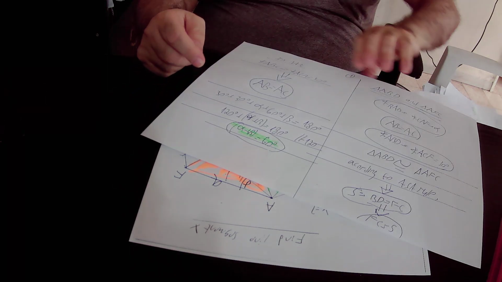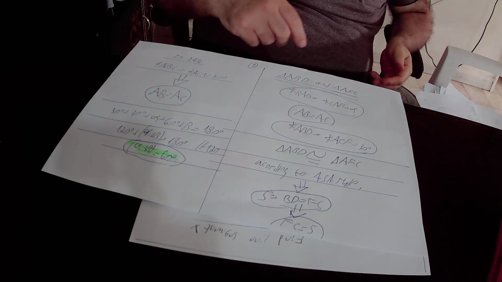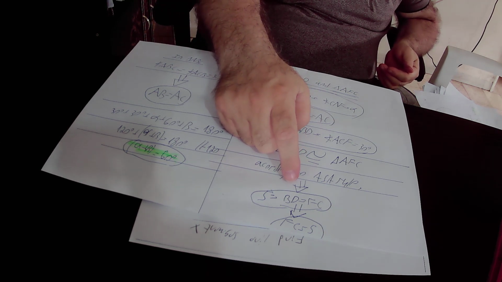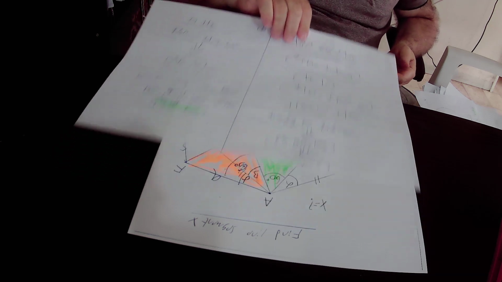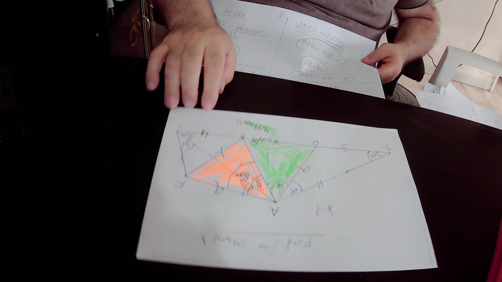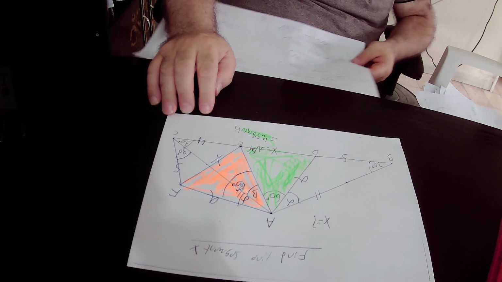And from the fact that those two triangles can go into each other, we conclude two things. The first thing is that side BD equals side FC, according to the rule that corresponding sides in congruent triangles are equal to each other.